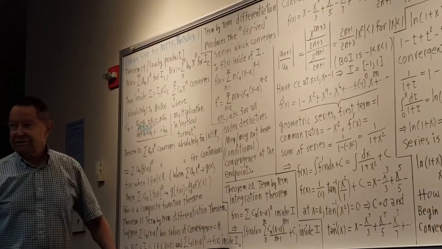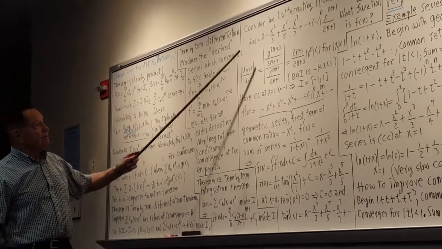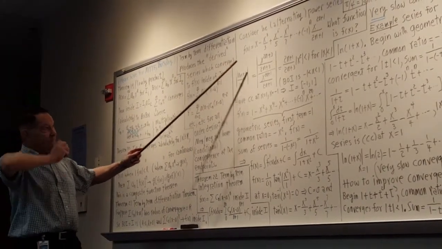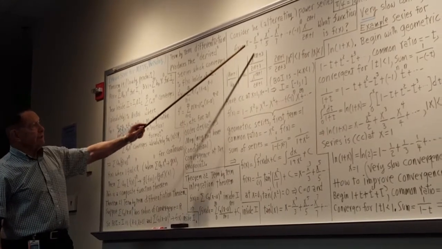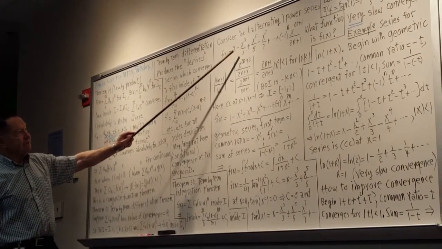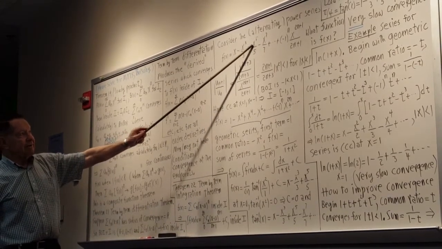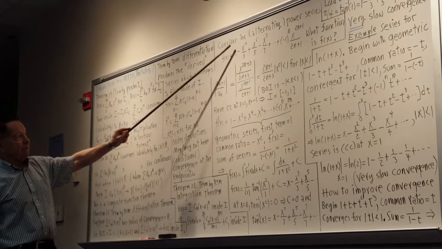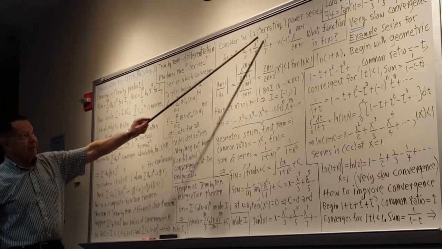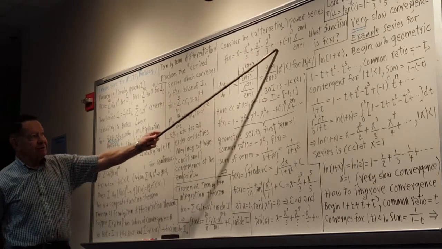So here are some examples of how this stuff is going to work. Say you started with this alternating power series. It is a power series because it's powers of x and the powers are positive whole numbers, and it is also alternating, as you see.